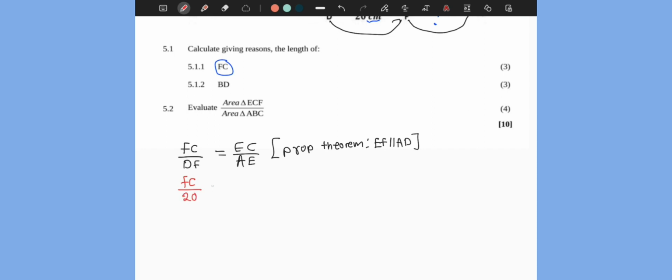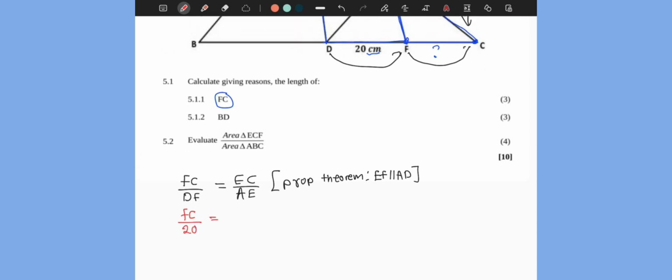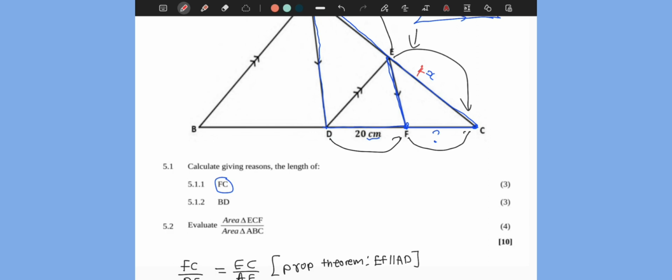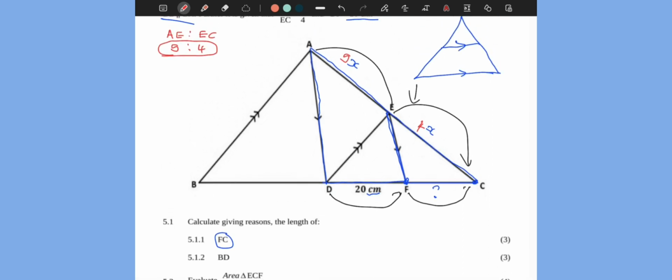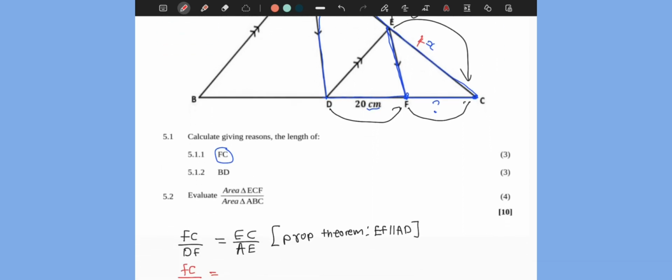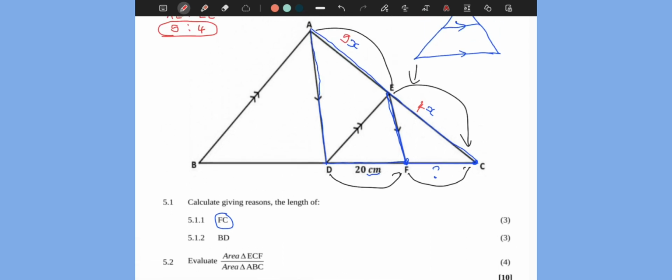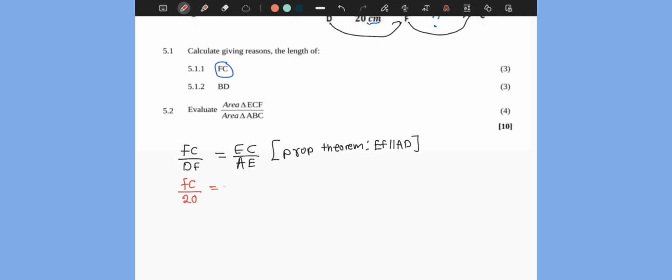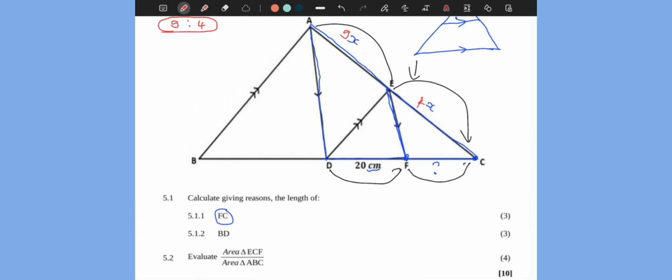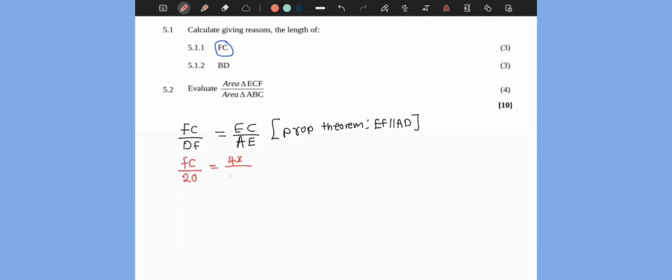So I'm just going to write 20 equal to EC, which is 4x. I'm going to write EC in terms of 4x because it is representing the ratio, divided by AE, which is denoted as 5x, right?